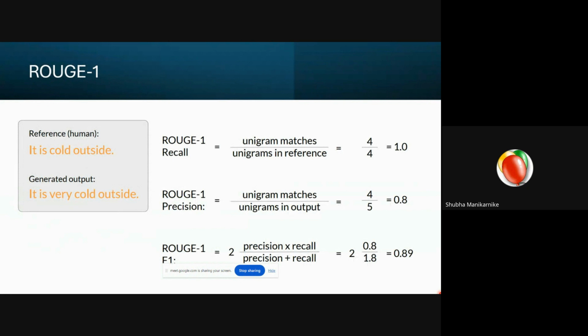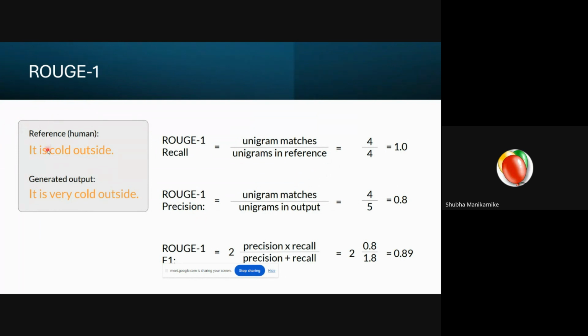So the formula for ROUGE-1 is really very simple. You calculate ROUGE-1 recall, ROUGE-1 precision, and F1 score. To calculate the recall, it will be the unigram matches divided by the unigrams in reference. And for the precision, it will be unigram matches divided by the unigrams in output.